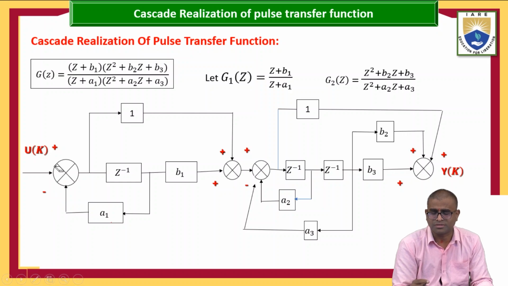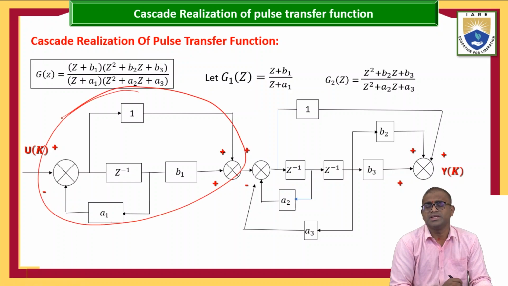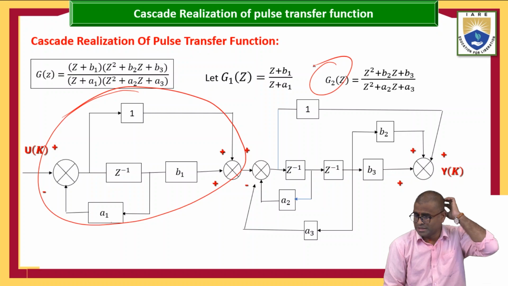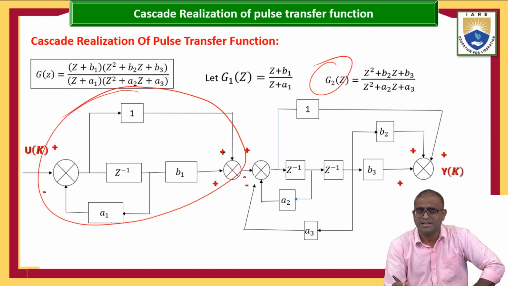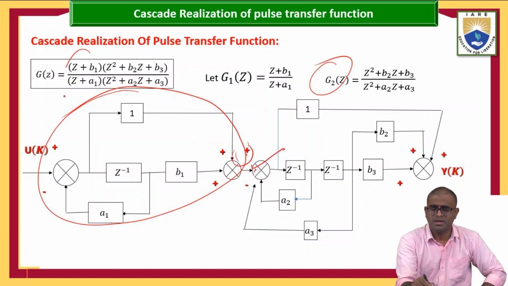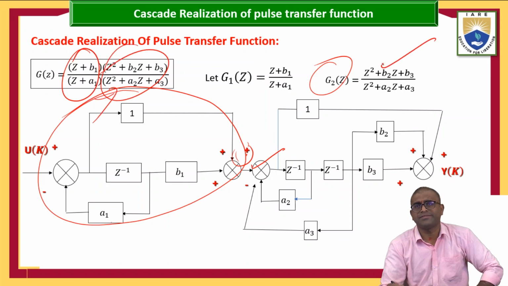So this total first function G1 of Z is going to be cascaded with another function, G2 of Z. That's why we add one summing point, with positive sign. So the total function is cascaded to the second function.